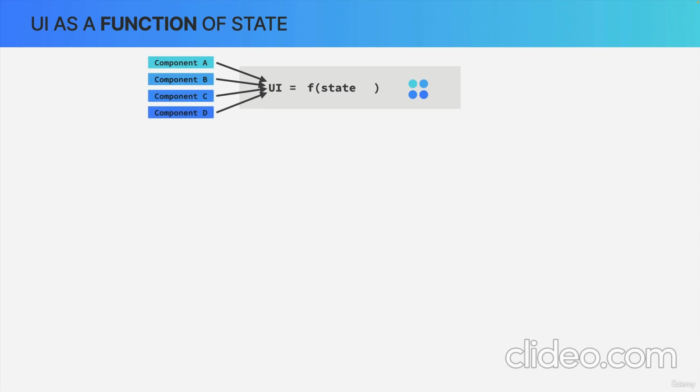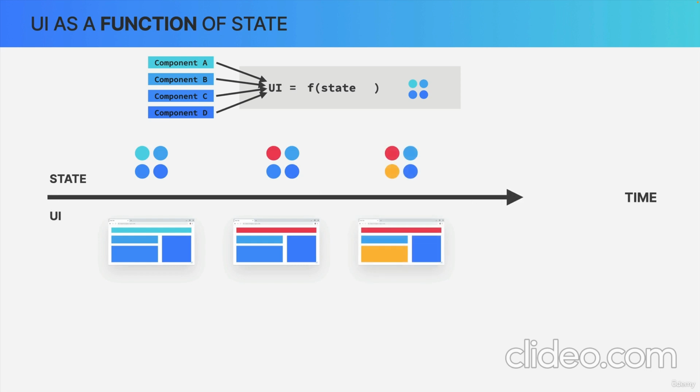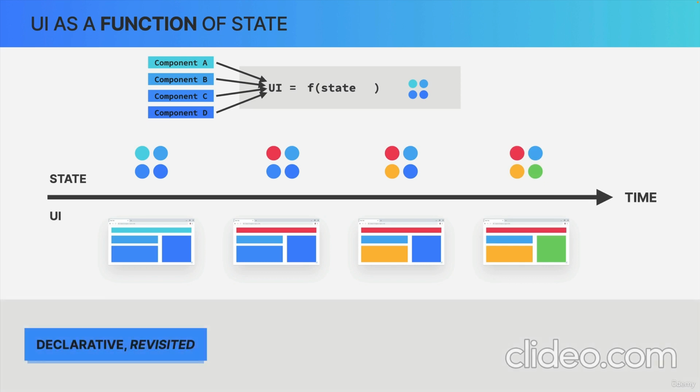Taking this idea one step further, a React application is fundamentally all about changing state over time, and of course also correctly displaying that state at all times. And this is really what the declarative approach to building user interfaces is all about.